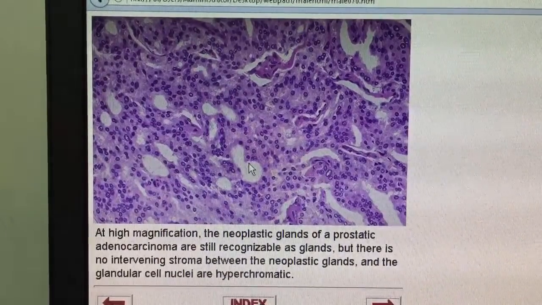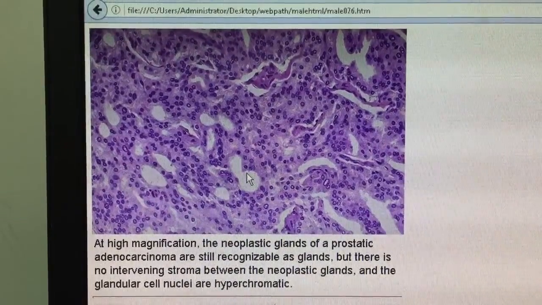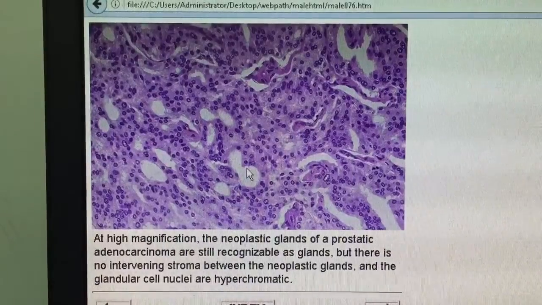In general, prostatic adenocarcinomas are graded to determine the route of treatment.